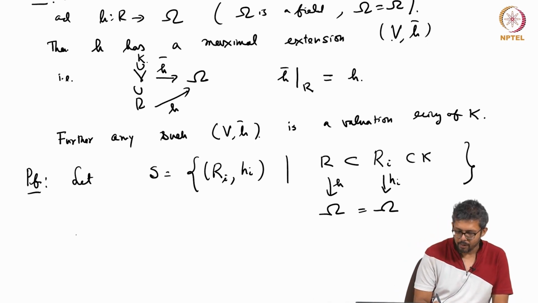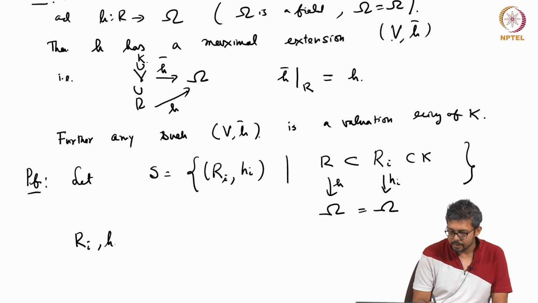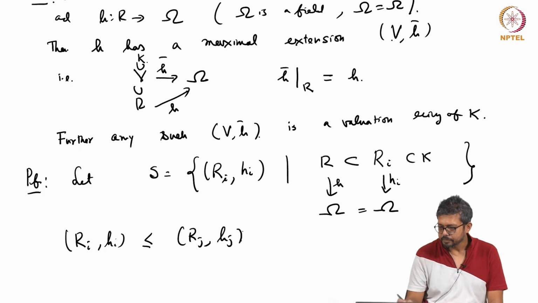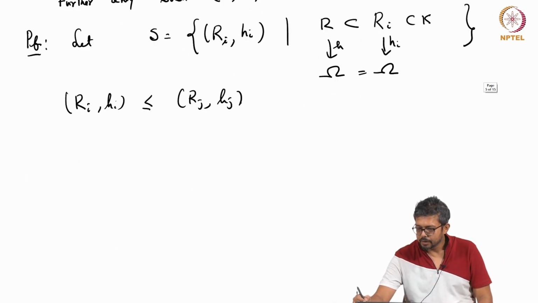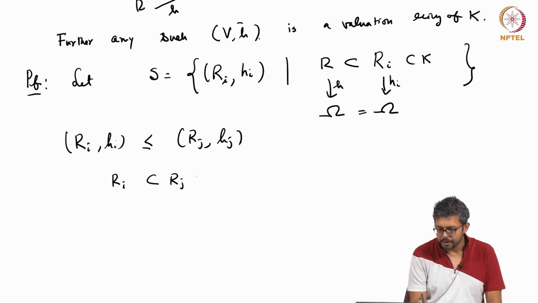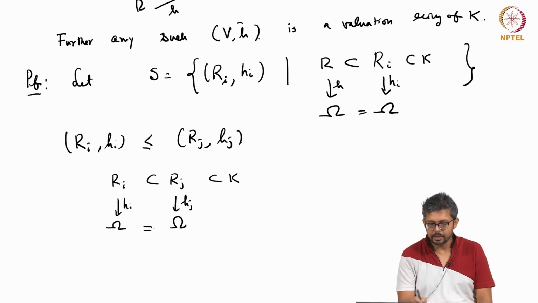You define the ordering (R_i, h_i) less than or equal to (R_j, h_j) if R_i is a subring of R_j, which is a subring of K, and h_j restricted to R_i is h_i.